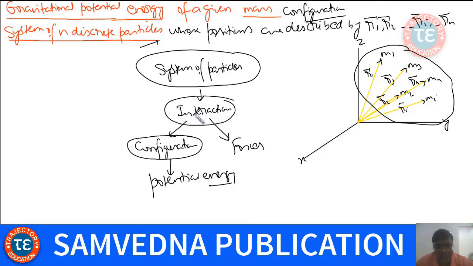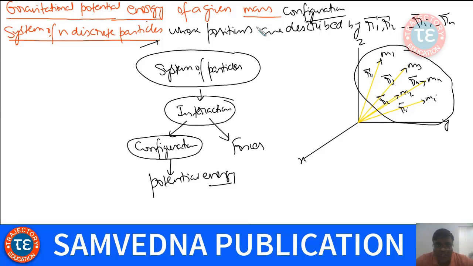Since configuration is the outcome of interaction, a configuration of the same system where the particles are not interacting with each other will be a configuration to which you can assign 0 potential energy. Is it a nice way of doing this? Yes. So we got the configuration for which we can assign 0 potential energy.